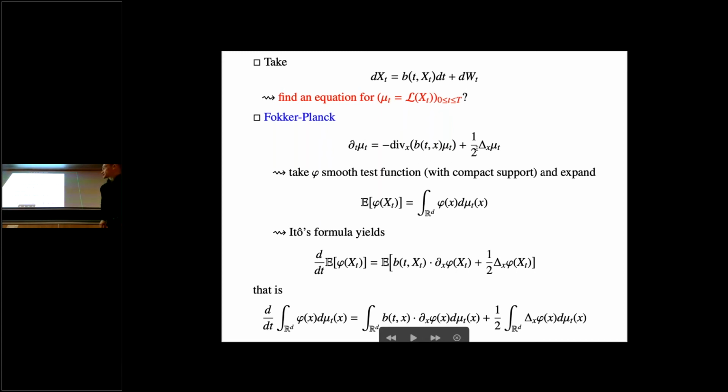So you see that you have the Laplacian for the noise, and here you have the divergence of B times mu. And the way you do that, you just take a test function phi, acting on the solution of the equation. You expand by Ito's formula. You take expectation, and then you get a weak formulation for mu t. This is the way you get the Fokker-Planck equation.